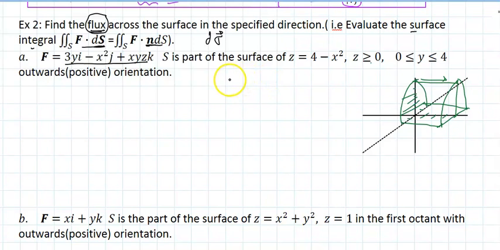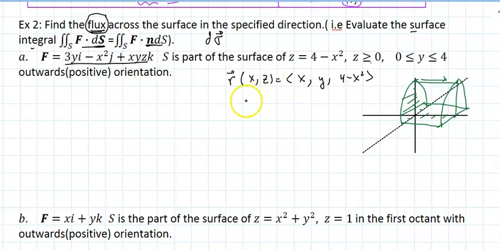I could say, well, r of x and y is going to be, let's see how that works. I'm going to let this be x, let this be y, and let this be 4 minus x squared. That's fine. I'm using vector here. This is not rectangular.